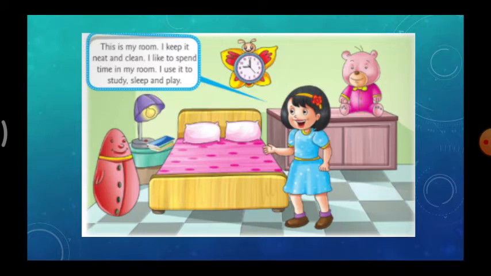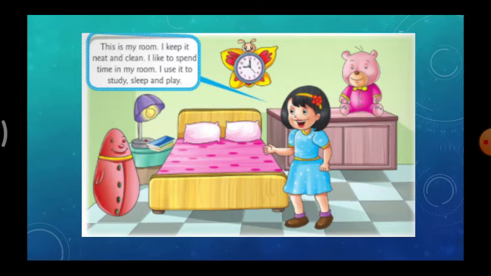So, this girl is talking about her room. So, she will keep the room neat and clean. So, always we have to keep our room neat and clean. If we take any things from the place, after the use we have to keep those toys or things in the same place.